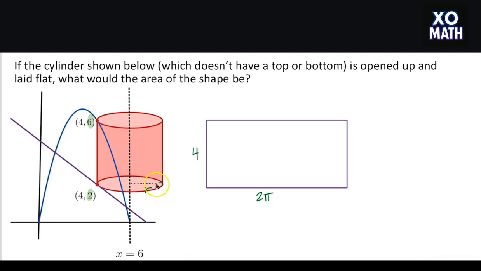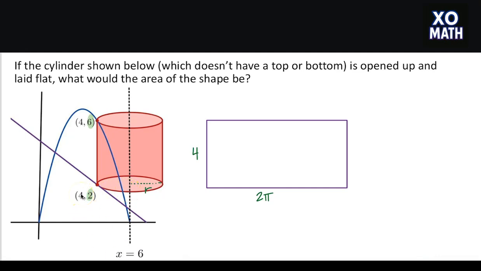What's the radius? Well, look, I'm given this value right here as x equals 6. And I also have this coordinate point over here. Let's focus on this point, 4, 2. So if I want the radius, which is the same from this vertical line to the right or to the left, so this is also r, I can find that by subtracting the x values here.